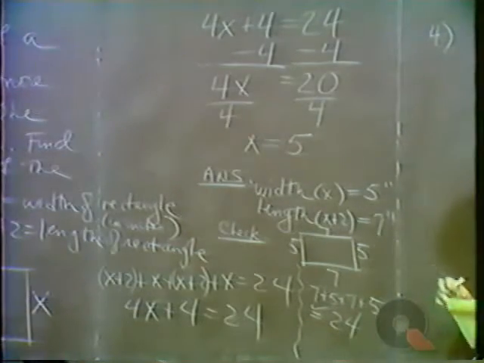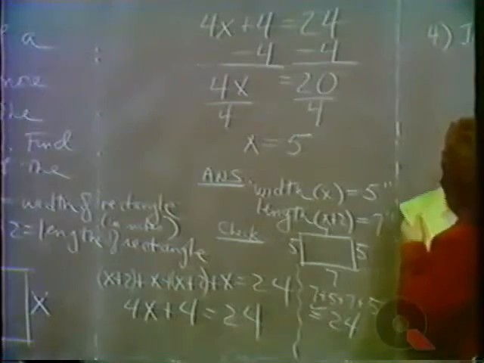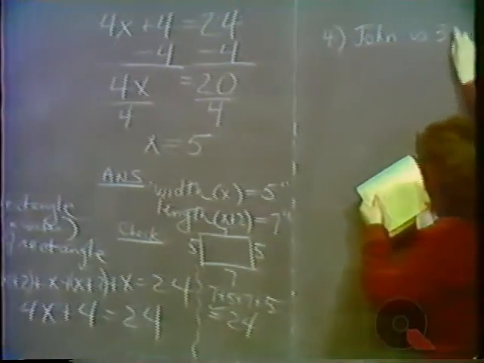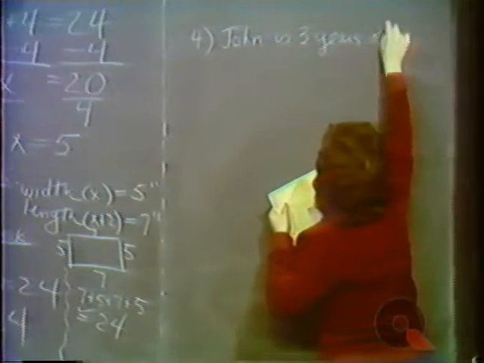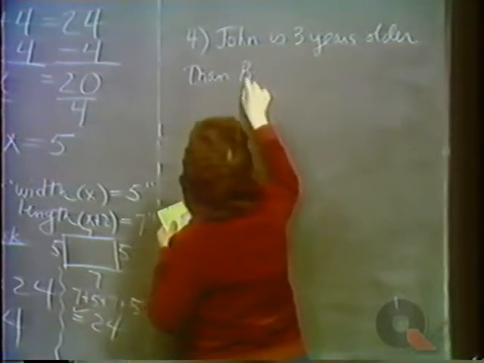The last problem on our sheet is the following. John is 3 years older than Bill.